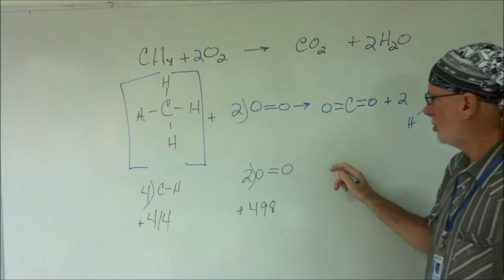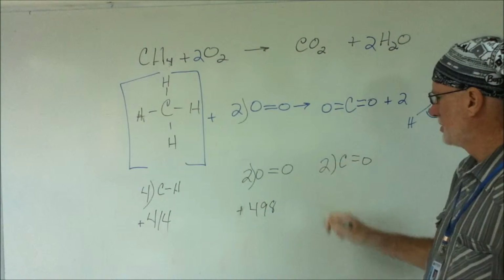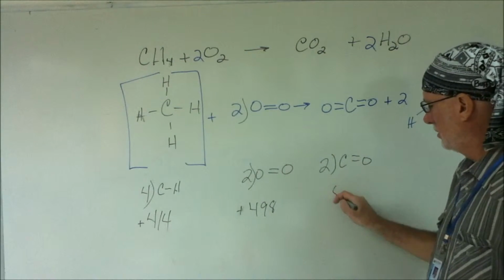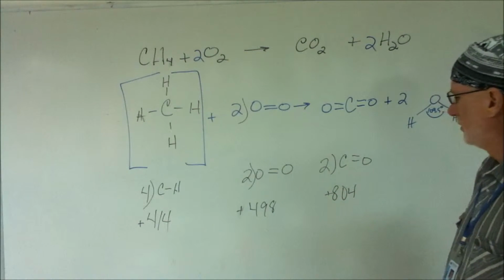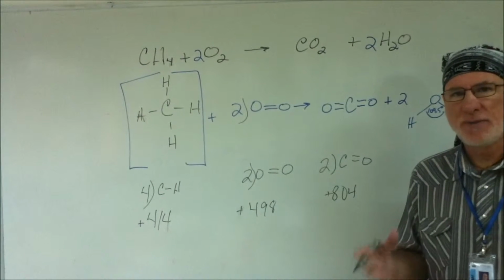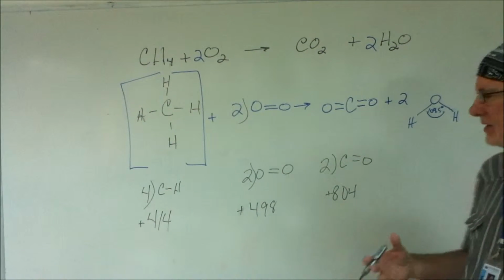You have 2 carbon oxygen bonds. 804 each. Wow, 804 each. And you know that that's very stable, don't you? Because the carbon dioxide molecule is nonpolar, it's linear, very stable.